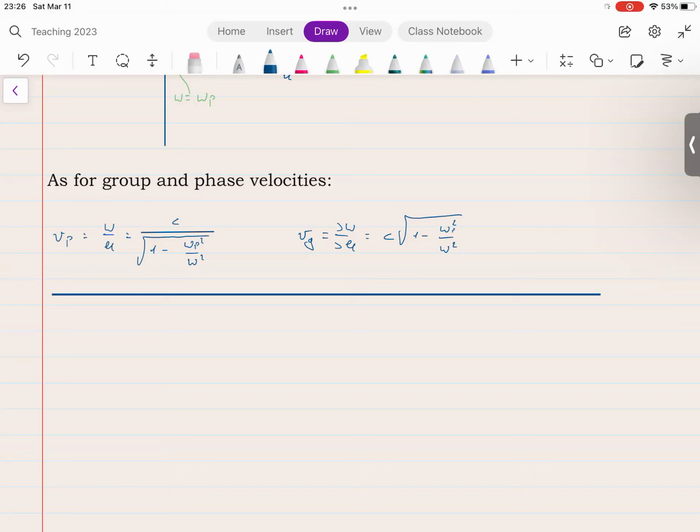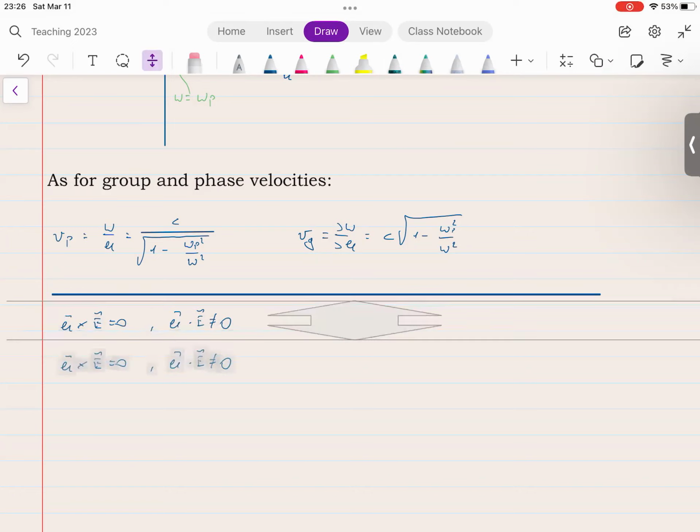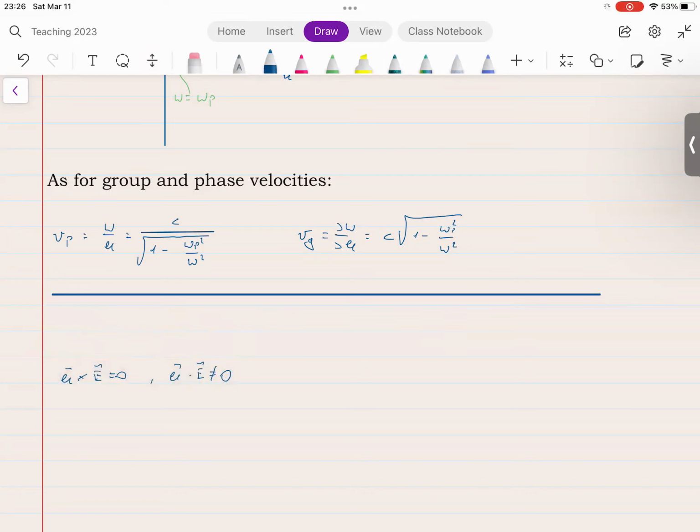Now let me remind you that k cross E is 0, k dot E is not 0. By what we've said, let me state that this is the longitudinal mode.